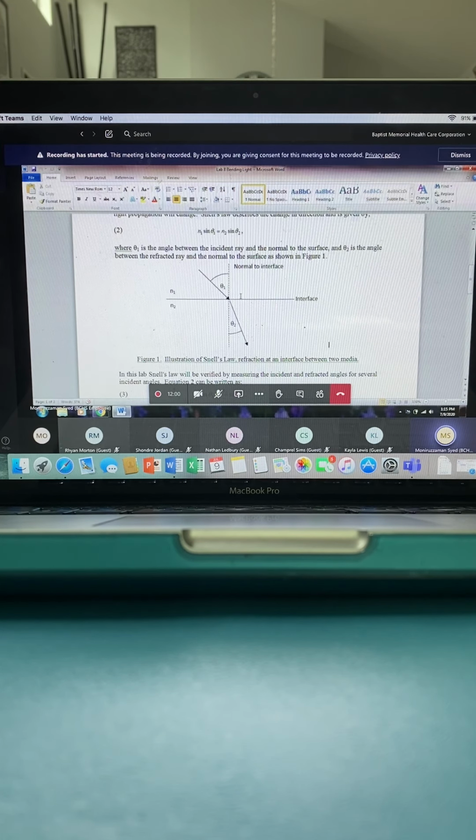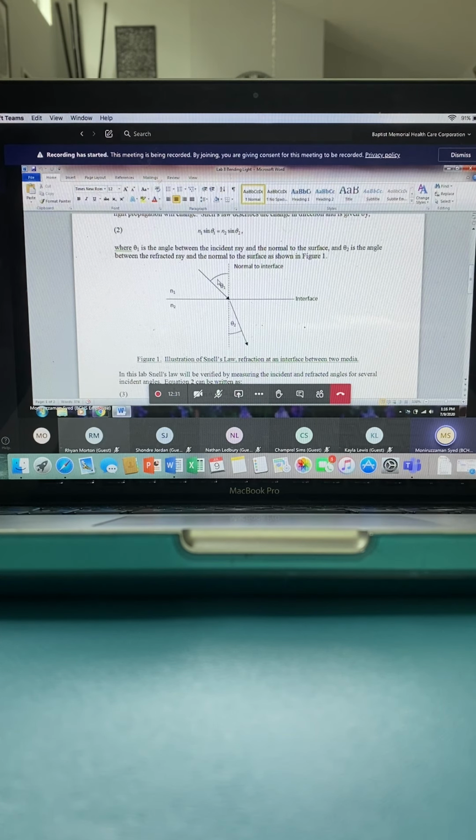If the interface is not like a mirror, where the other side is coated, and instead the second medium is a glass piece, then light will refract rather than reflect. When light is passing through it, it makes an angle with the normal. This dotted line is the normal, and theta 2 will be created here.